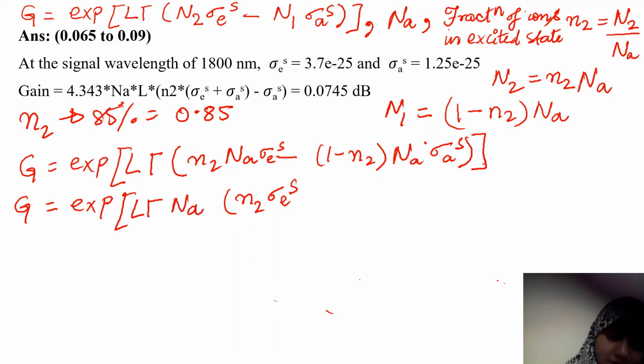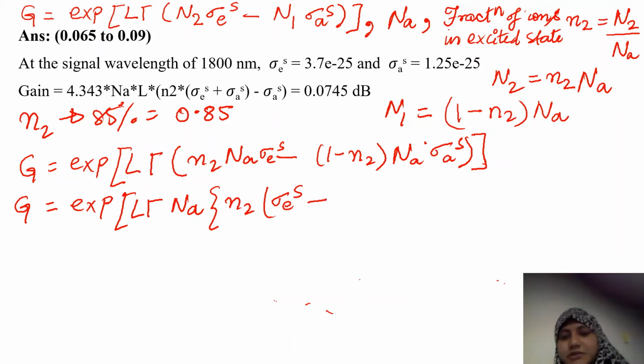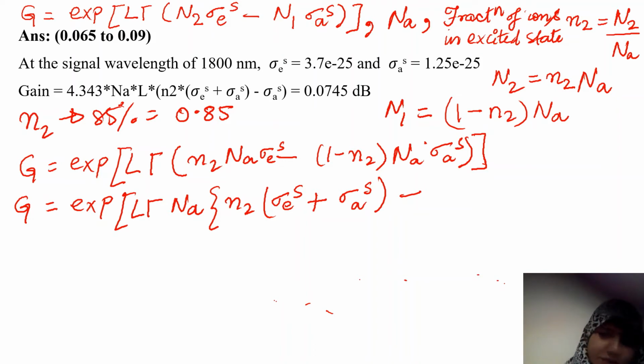Let's take Na common. Okay, n2 times sigma ES, should it be minus or plus, into sigma AS? Okay, it should be plus, into sigma AS, minus what? Na sigma AS. Is it all right? Yes.